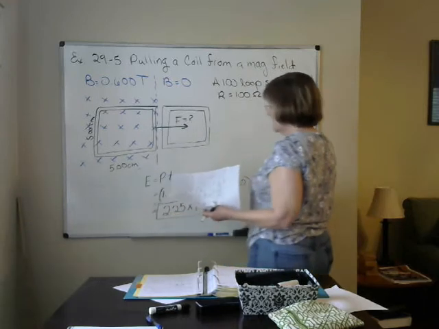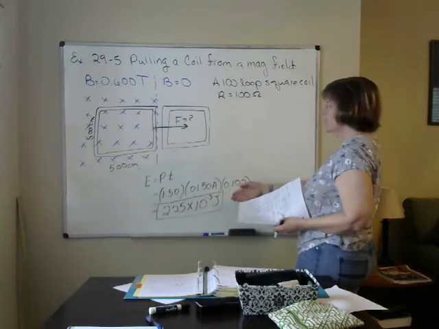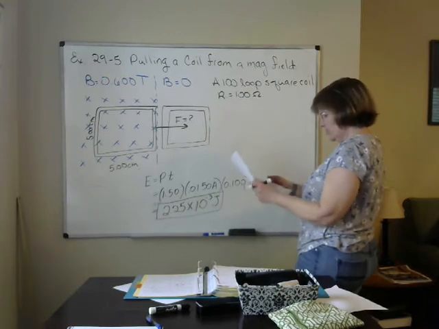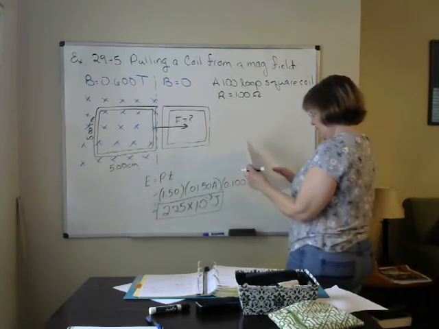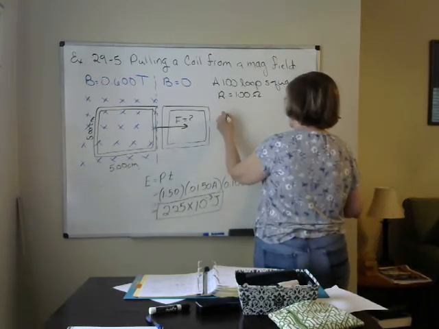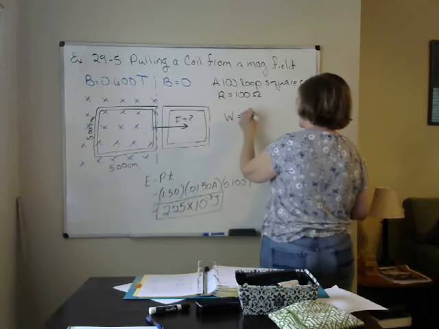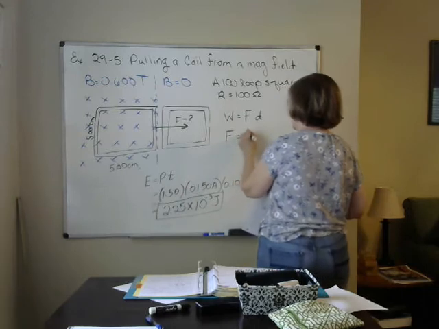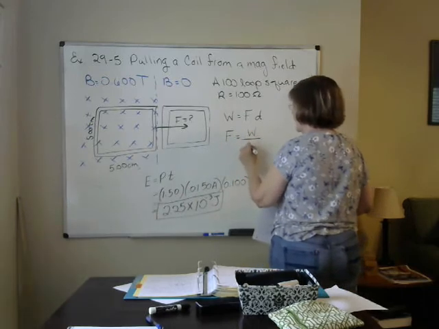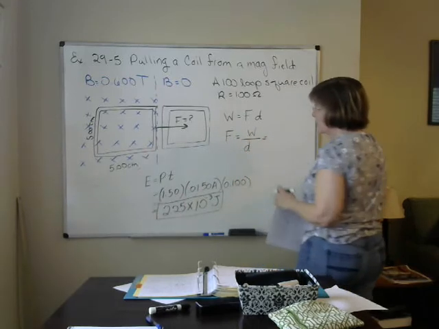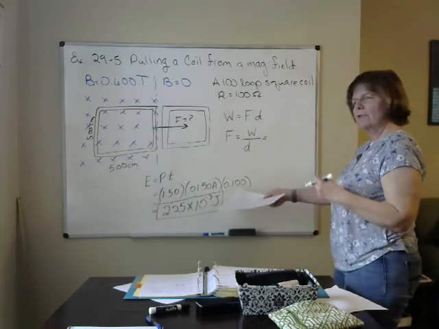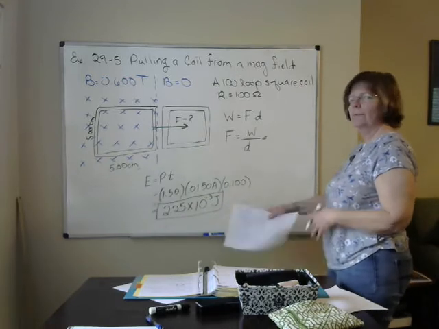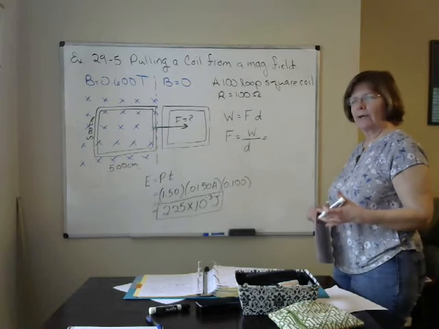If it took this much energy, I know that work is equal to force times distance. So the force should equal the amount of work done divided by the distance. Well, the energy dissipated or used would be equal to the amount of work that was done.